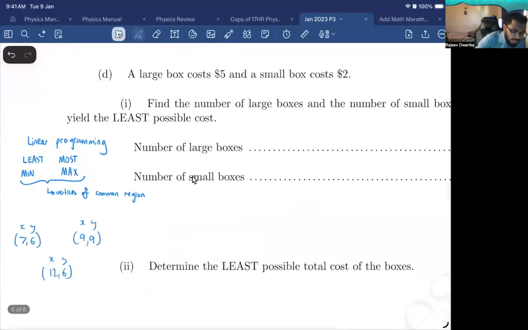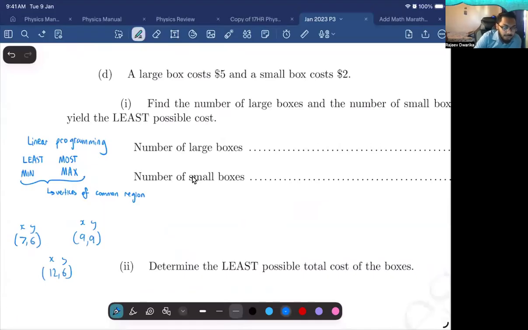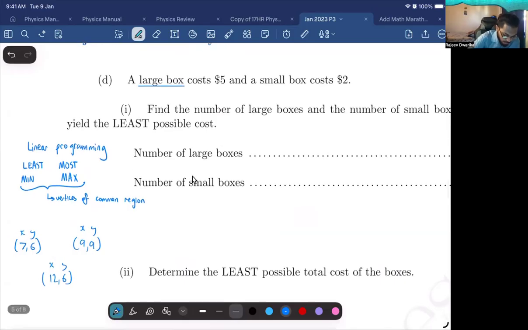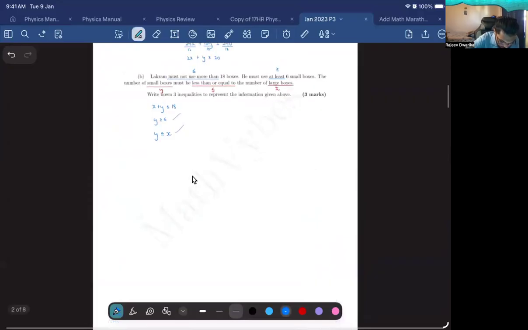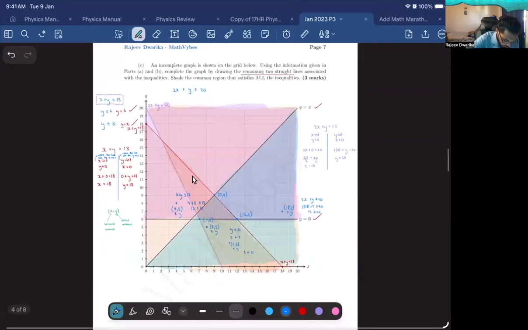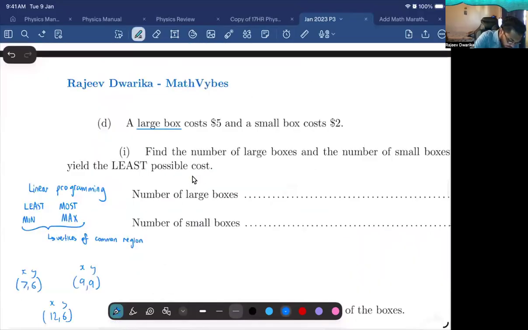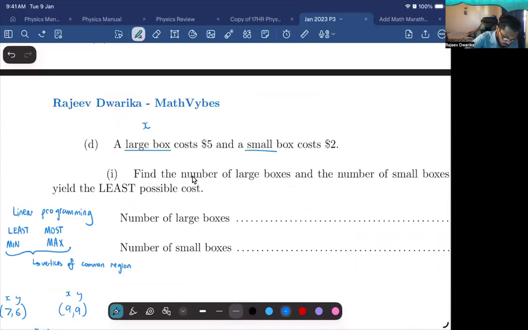All right, guys, just remind me, a large box was represented by what variable, x or y? I think it was x, sir. A large box was x. Yeah. So a large box was x, cool. And a small box was y.